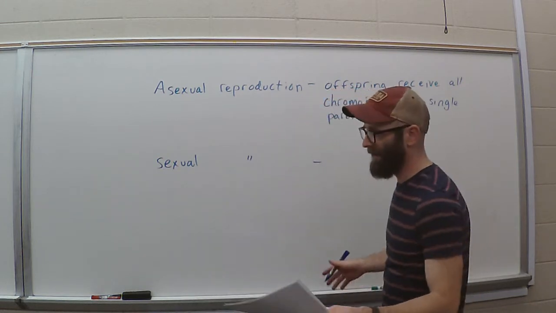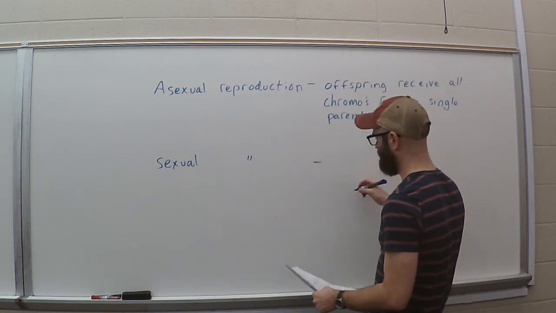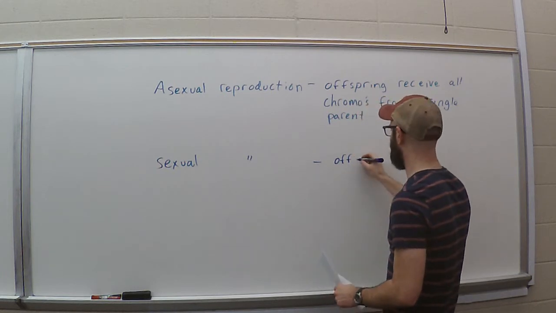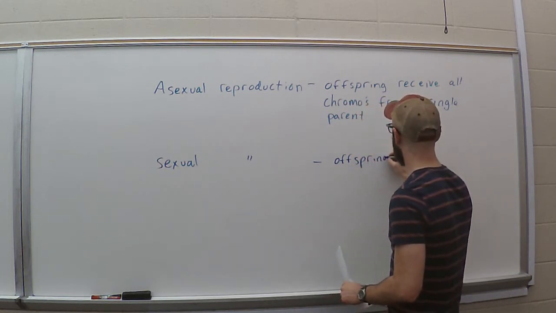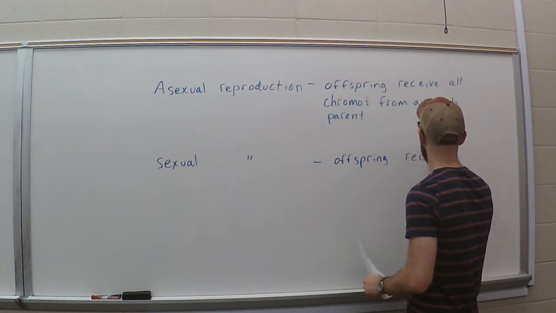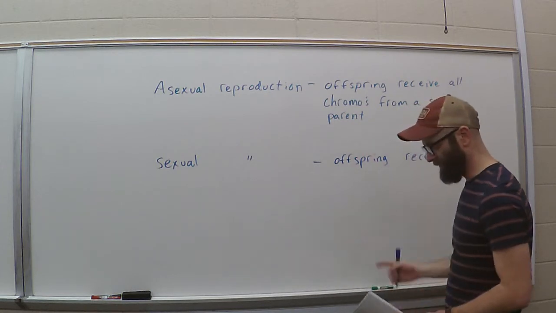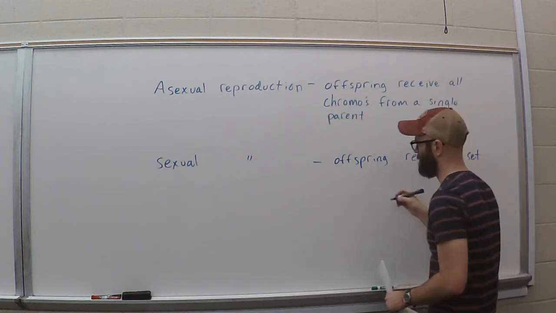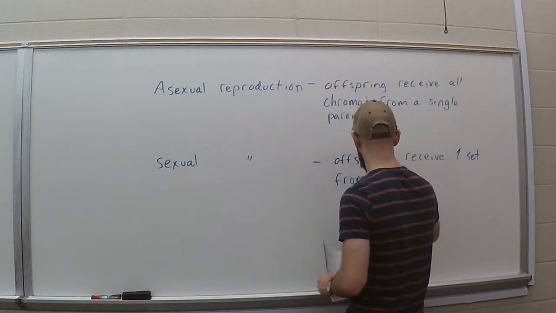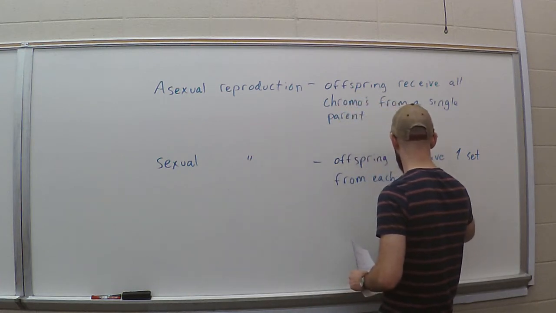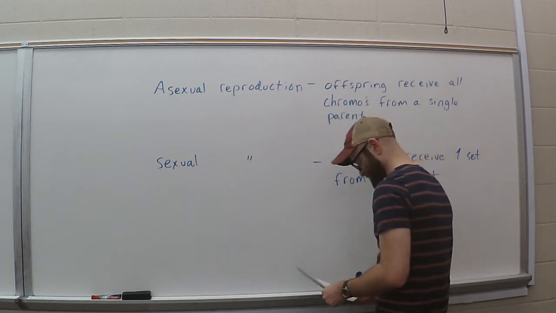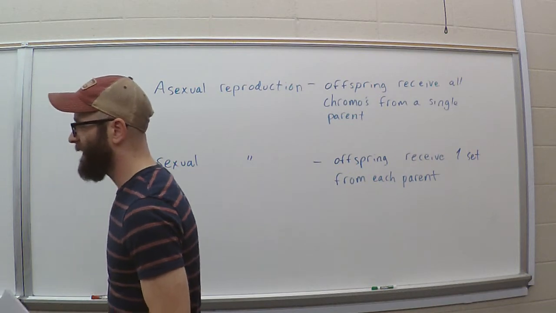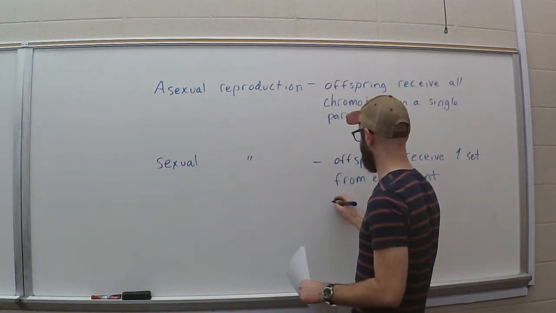So it's a little bit more complicated, and we'll go into the details of that in a little bit. But for right now, we'll just say the offspring of sexual reproduction receive one set from each of the parents. And we'll take it one step further.